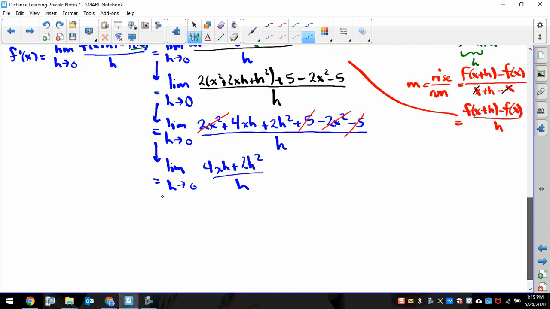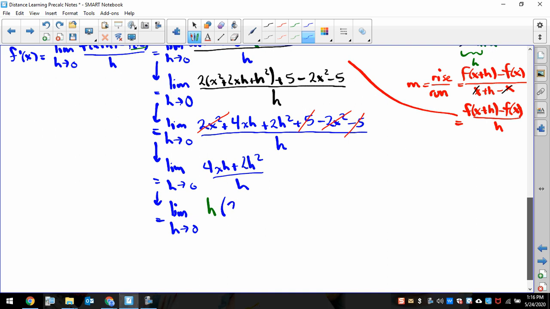Okay, and so if you try to plug in h equals 0 now, you're going to get 0 over 0 still, unfortunately. So we have to do more work. So if you look in the numerator, notice that both of these terms have an h. So let's factor out that h.